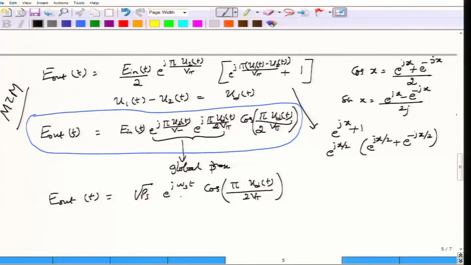So, this would again be a signal whose central frequency is omega_s, but whose amplitude is now a function of time. In the frequency domain, the output would not be just an impulse function at omega_s, but it will now be modulated, because u1 of t changes with time, u2 of t changes with time, and the difference between the two signals also changes with time.